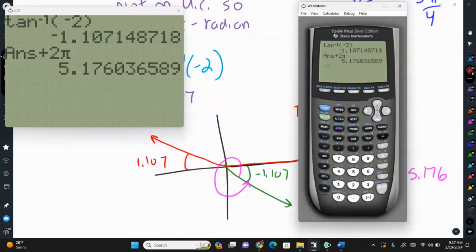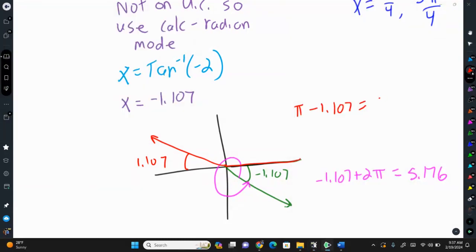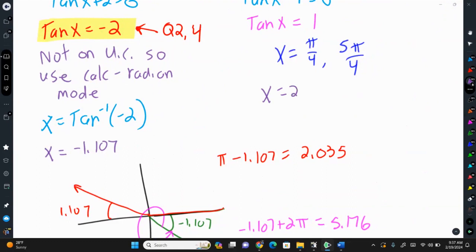So pi minus 1.107. Then we get 2.035, because we're going to round. So these two solutions are in conjunction with the two we had up here. So those are our solutions.